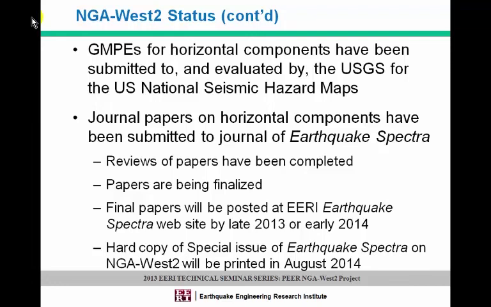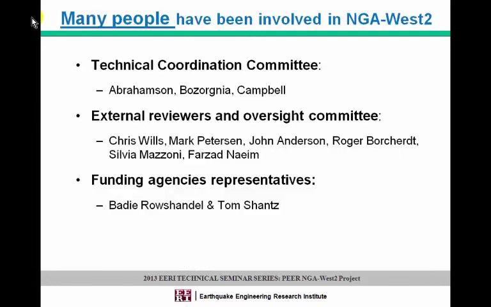All the database issues, site response, directivity, directionality, and GMPEs will be published in that. There were many people involved in this project, exactly 32 people. Now you appreciate how much I suffered. I'm not going to read all the names, but I want to make sure that this is not really my project.